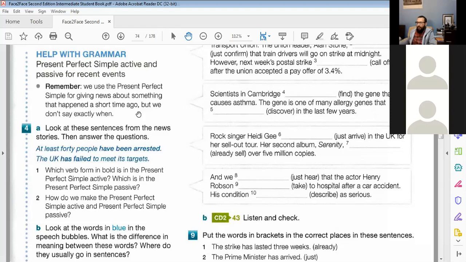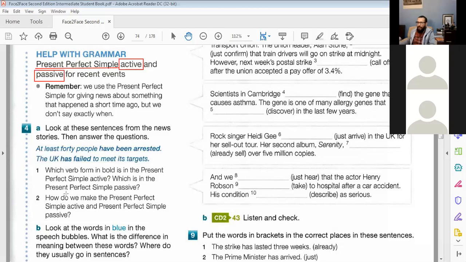And now we want to talk a little bit about how to use the present perfect, especially the present perfect simple, not continuous, of course, because we have two different ways of using the present perfect simple. We can either use it in active, which is normal present perfect simple, or you can even use it in passive. So we're gonna use it in both ways in this grammar exercise, okay?